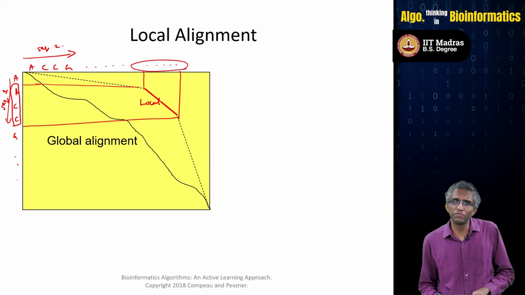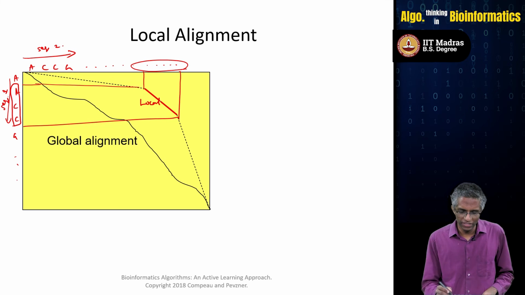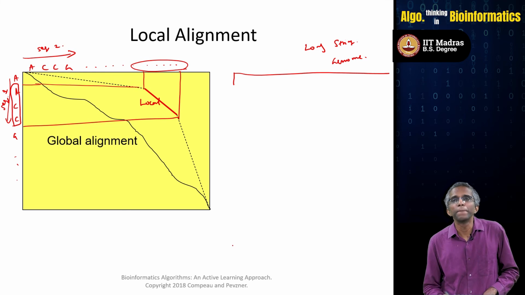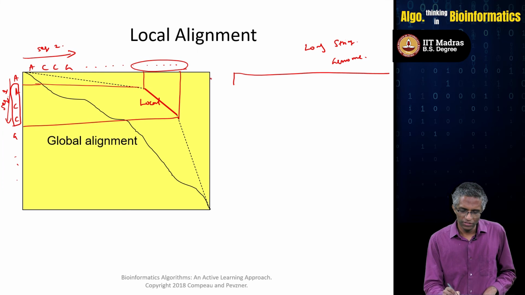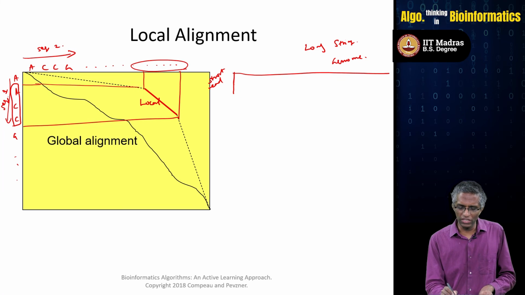What do we have in our current short read mapping problem? We have one sequence, which is the genome, a very, very long string. And then we have a very short read. This is your short read, very short compared to the size of the genome, and we don't want to align the short read to the full genome.